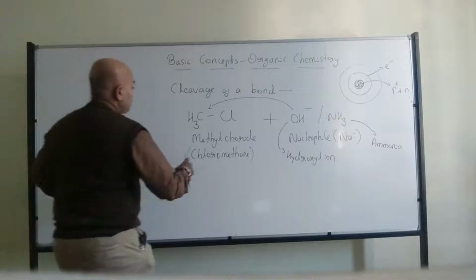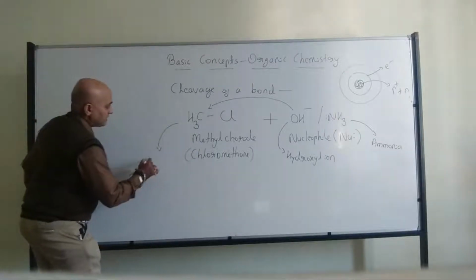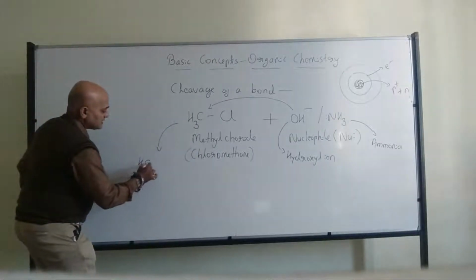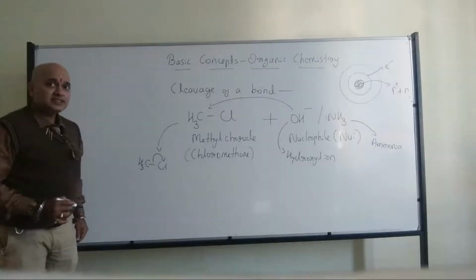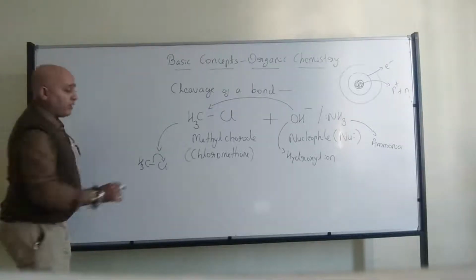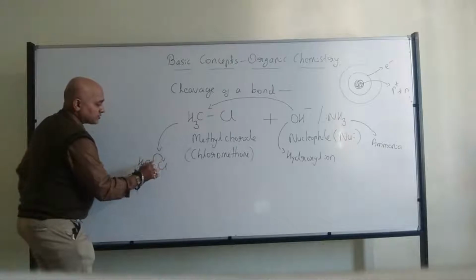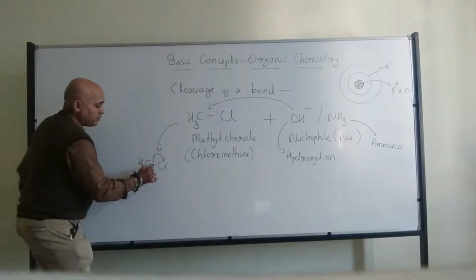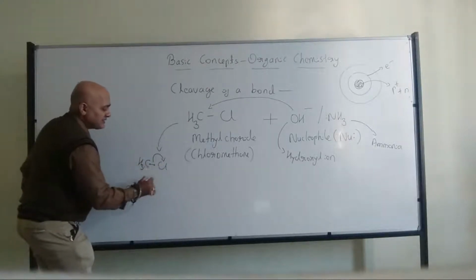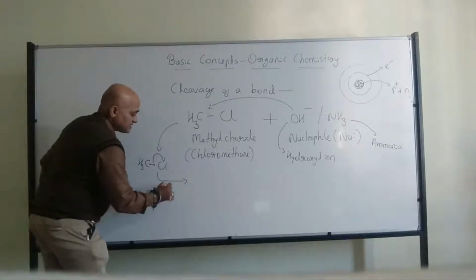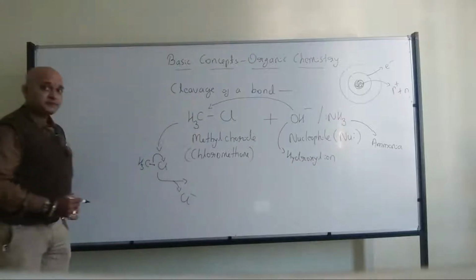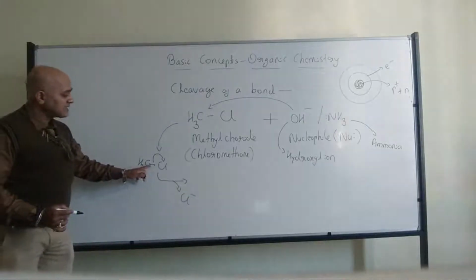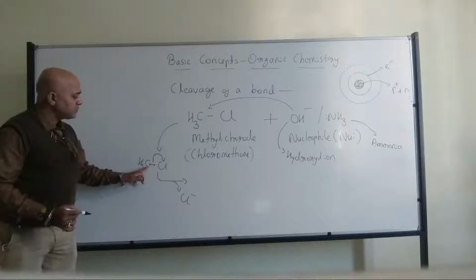Now due to that, in CH3Cl there is a breakage of the bond. This arrow tells that both these electrons are taken by the chlorine. So chlorine will become chloride because it has taken one extra electron which belongs to the carbon actually.